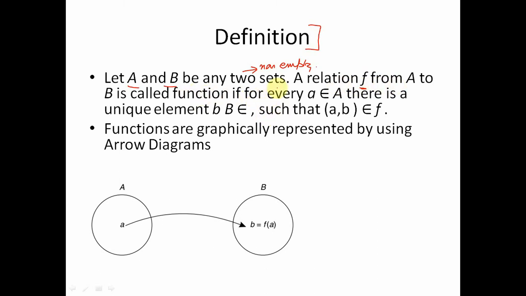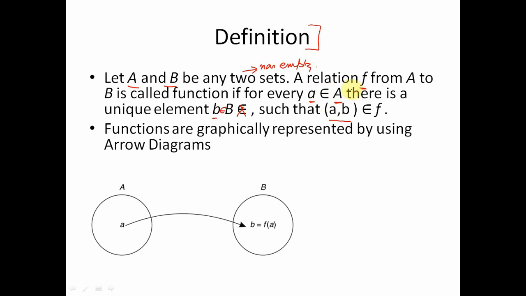Now please pay attention. If for every element a belonging to the first set, there is a unique element b belonging to the set B, such that (a, b) belongs to the given relation. Let me repeat.